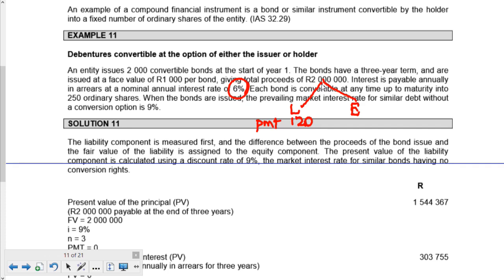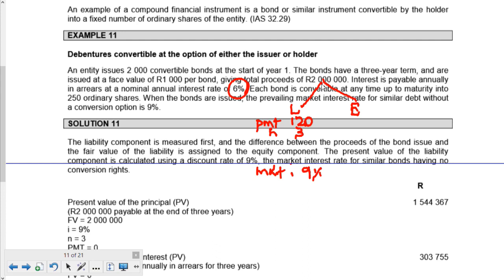There it is. N is 3. And then they say to you, when the bonds are issued, a market interest rate for similar debt with no conversion. So if it was just liability, then market I is 9%.